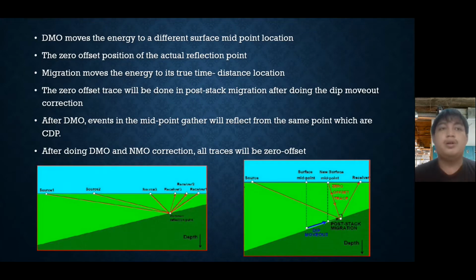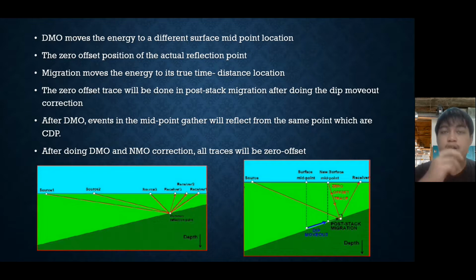Moving on, the DMO will move the energy to a different surface in the midpoint location, as we can see in the graph or the picture. The zero offset position is the actual reflection point. So the migration that we will do after we get the data is to move the energy to its true time and distance location.